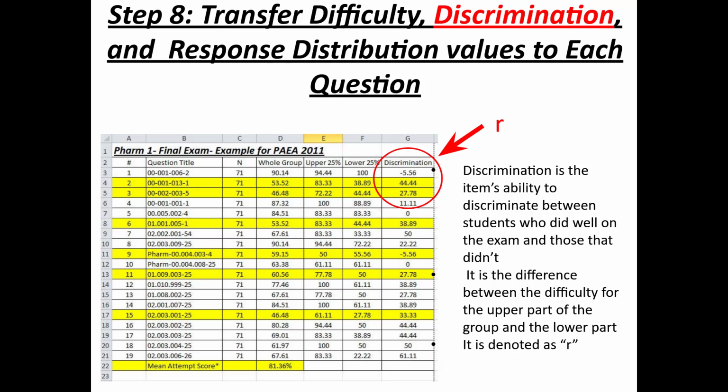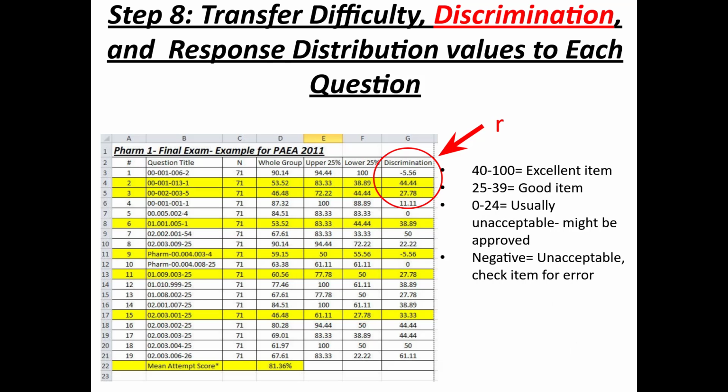For each question, you expect the poorer scoring students to be more likely to have gotten it wrong than the better performing students. That's what the discrimination index calculates for you. There's another column over here that shows the discrimination index.